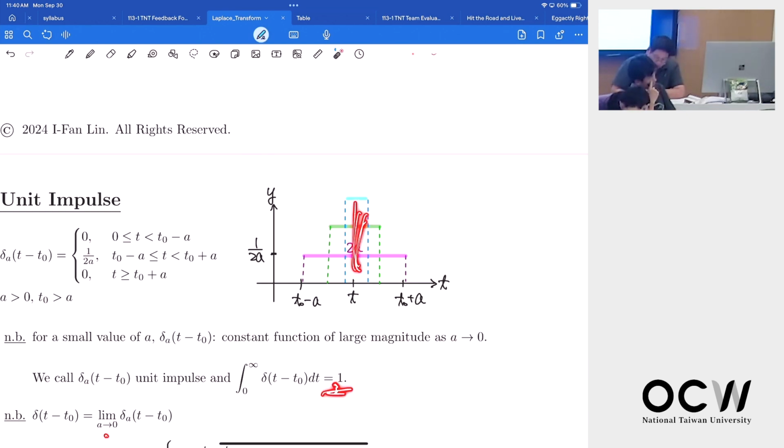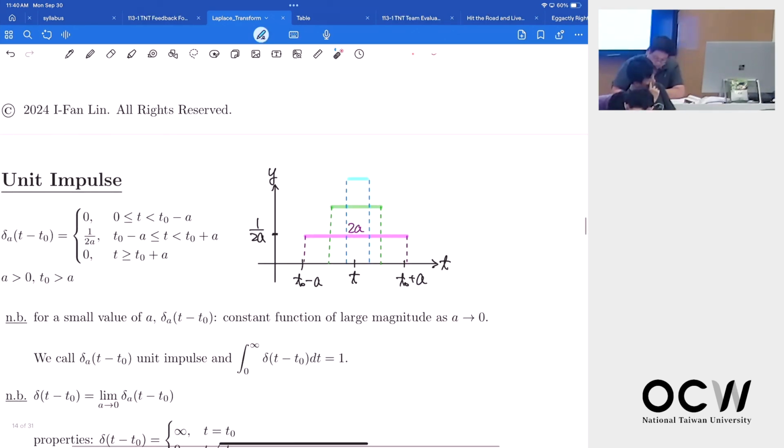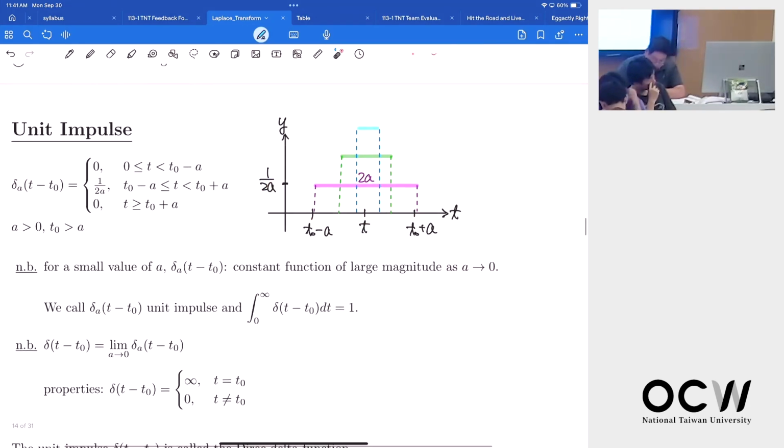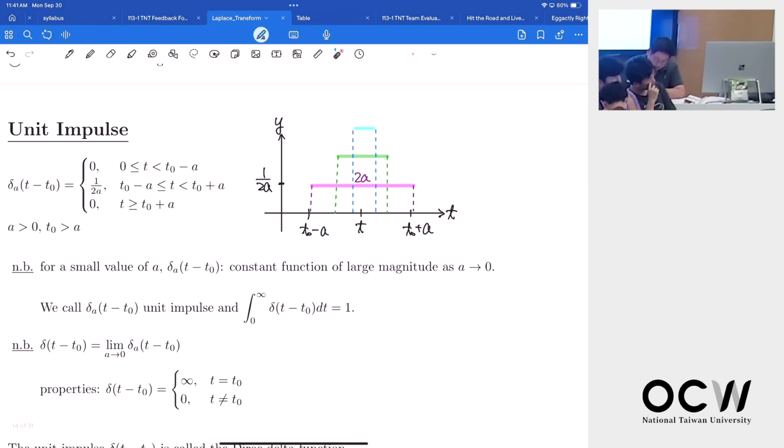When a goes to 0, which means I only have a point at t naught, I have an infinite value, because when a is 0 it goes to infinity. Then we say that at t equals t naught the value is infinity. Otherwise, the value is 0.